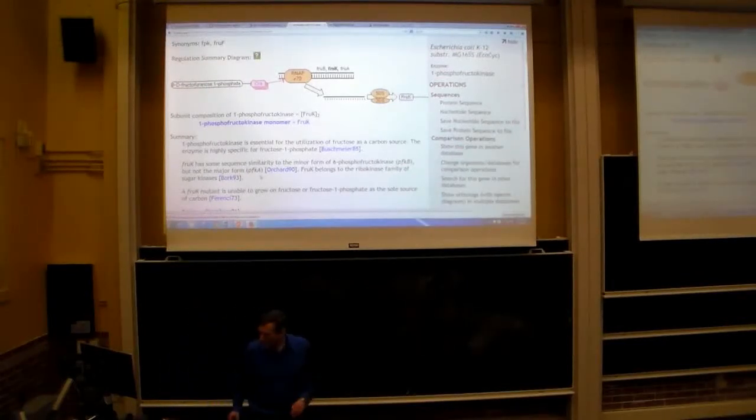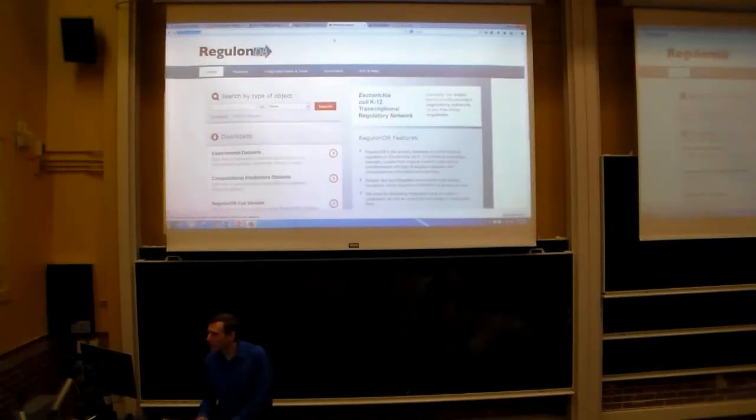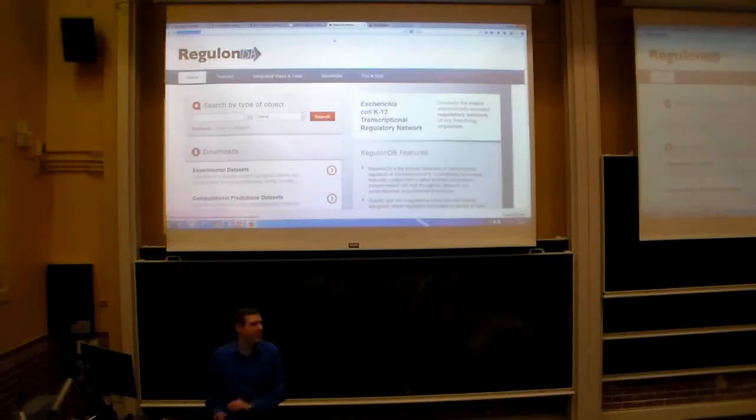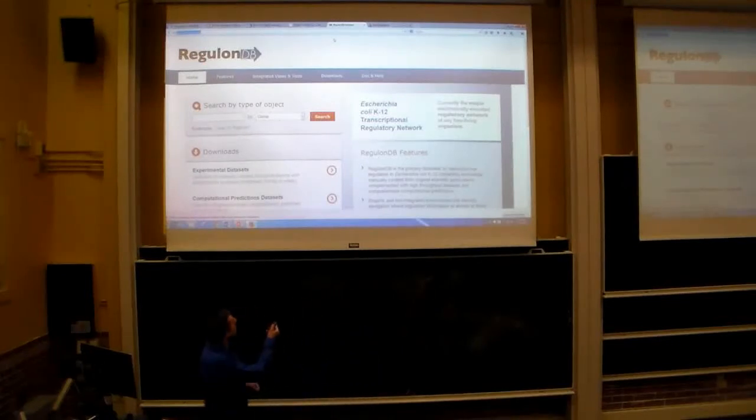All right, so one other resource I wanted to show you, which has even better information about genetic regulation, but even more specific, is something called RegulonDB. So RegulonDB is a really nice network with tremendous detail on genetic regulation, but just for one organism, so just for E. coli K12.